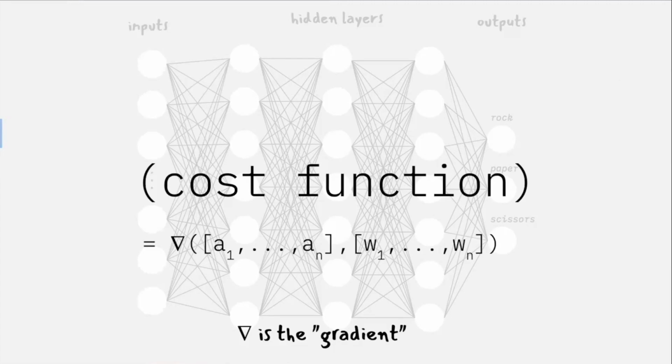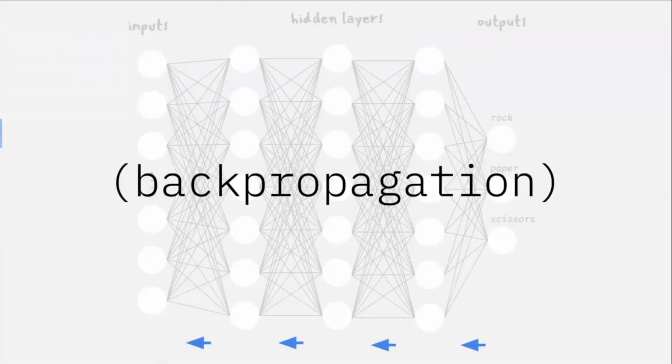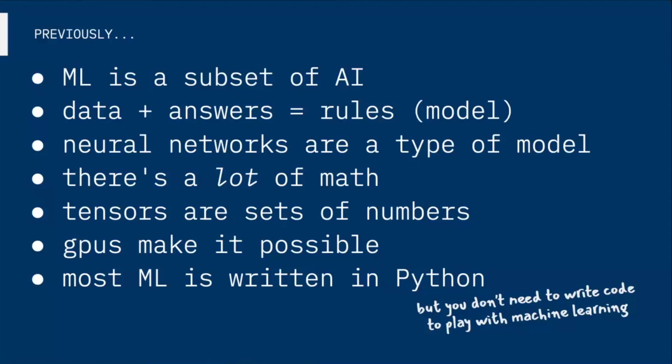And then you can use some fancy math, differential equations called gradients, to figure out which direction you need to go to minimize or maximize the response and get the outputs that you want. And then you can pass those details back up the chain through backpropagation, blah, blah, blah. And we covered a lot. So today, I promise, unfortunately, that there will be a little bit less math.